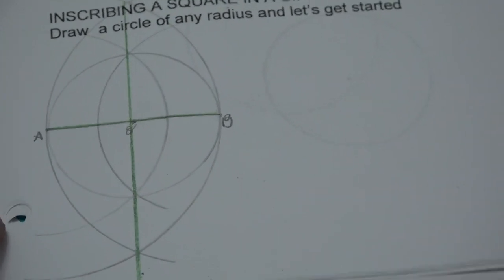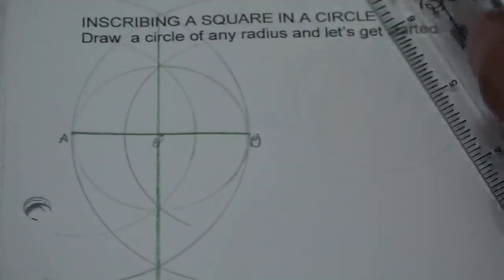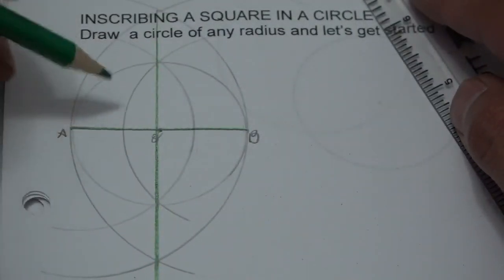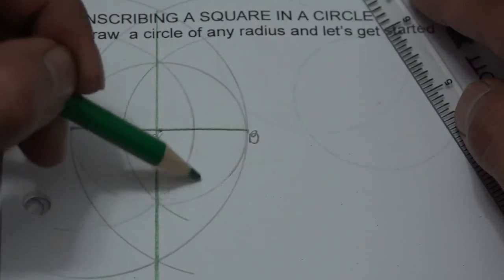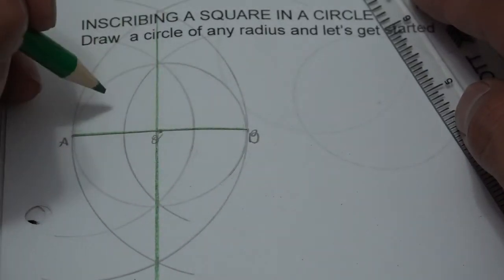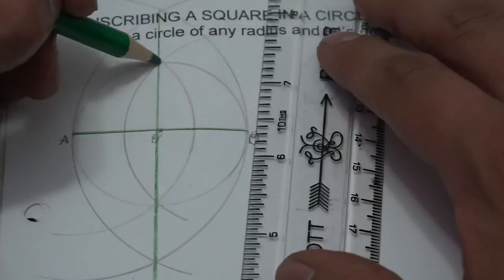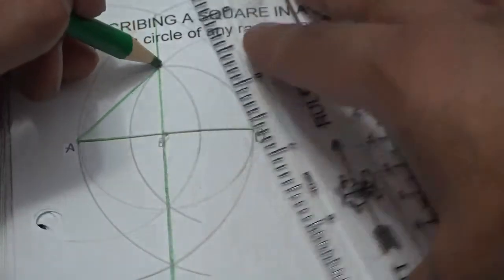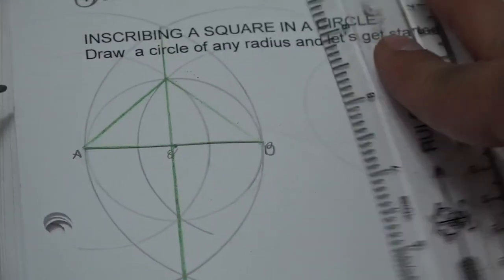So what else is there to do? Nothing. You already know that this is your main circle. All you have to do now is go to the point where the perpendicular bisector intersects the circle and connect the points. That's your first equilateral triangle.